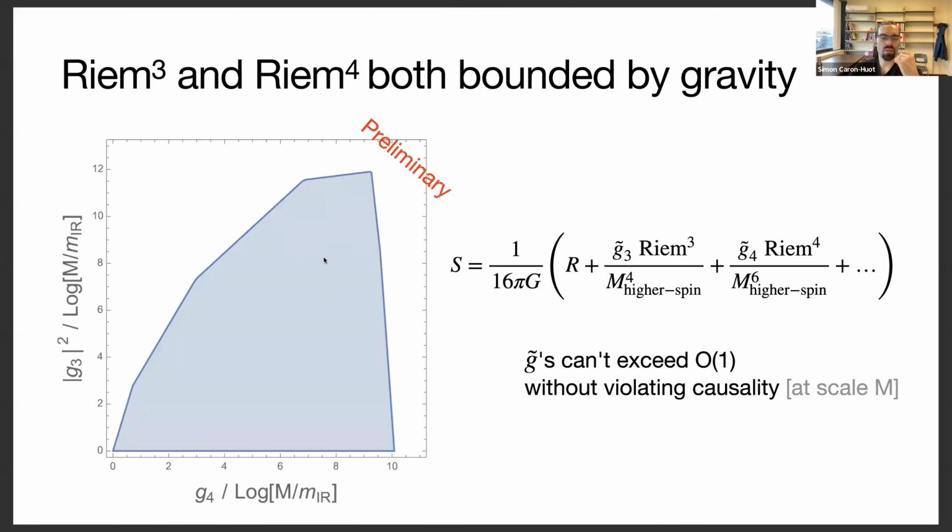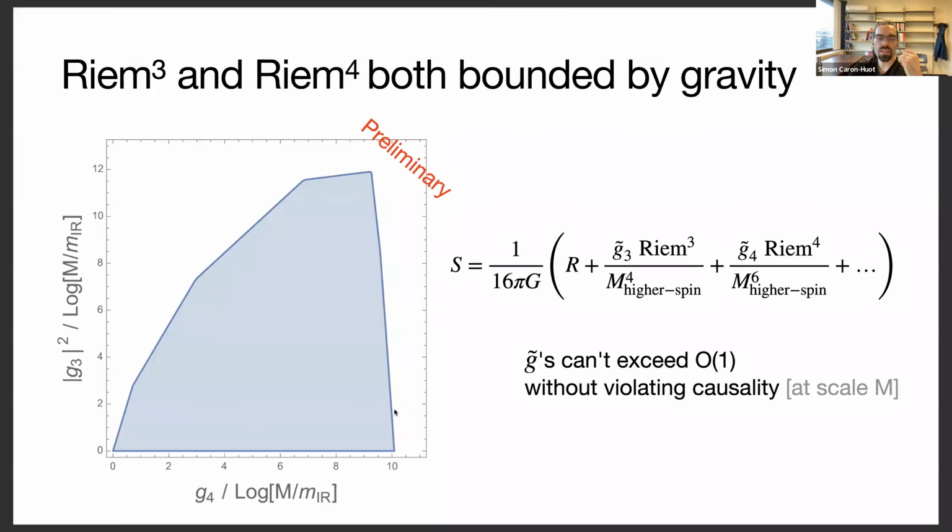Yes. So on the scale of this plot, if you have a loop of one heavy particle, you're going to have an effect that goes like 1 over M Planck to the 4, right? Because it's G Newton squared. So in this plot, it's like at the origin. A loop of ordinary matter is very close to the origin, unless you have a very large number N of matter particles.